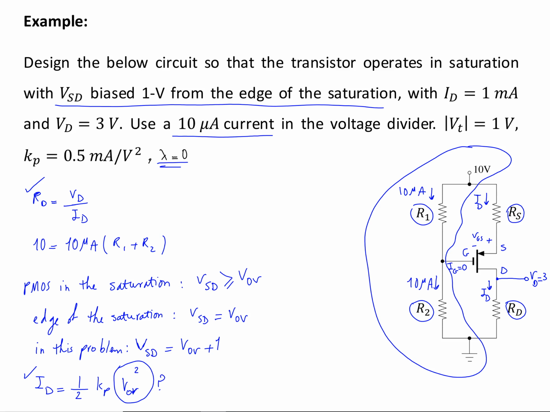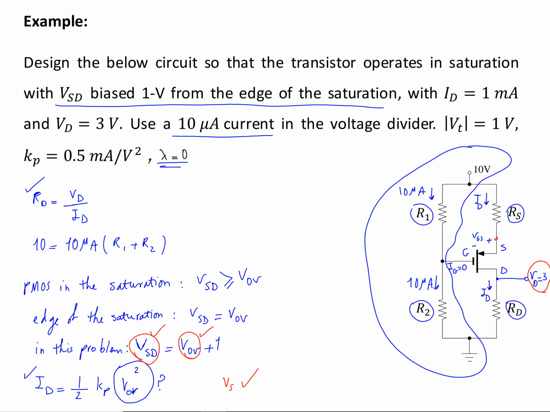If I calculate this V overdrive from this equation, I have VSD here, and because I already have the voltage of the drain, I'm going to get VS, the voltage of the source.